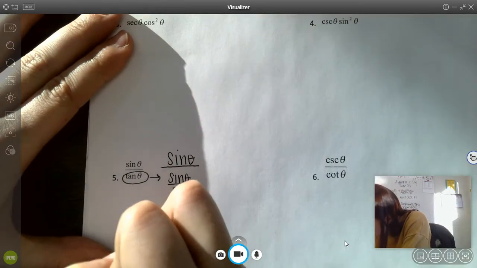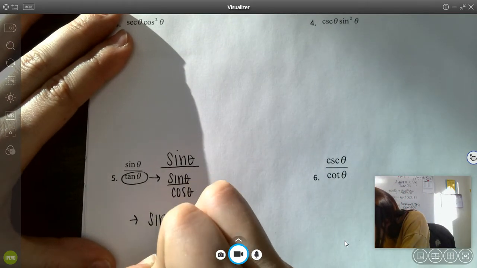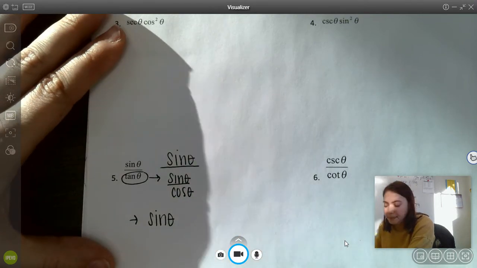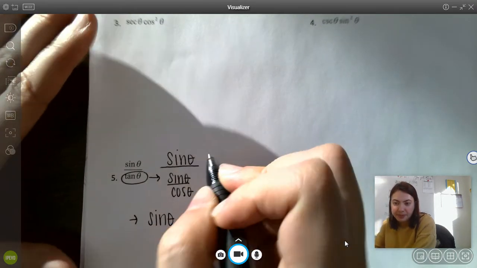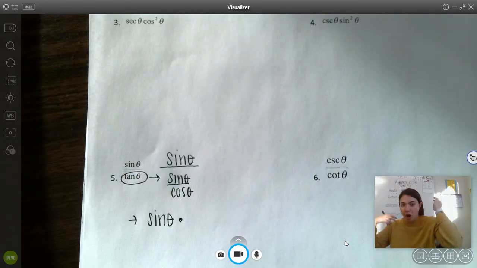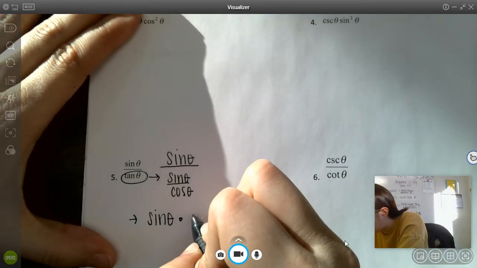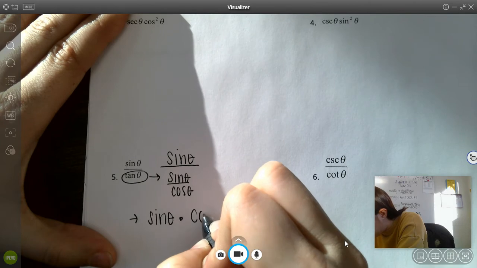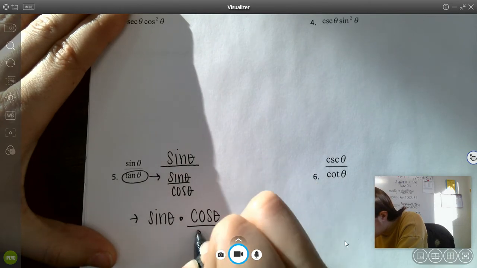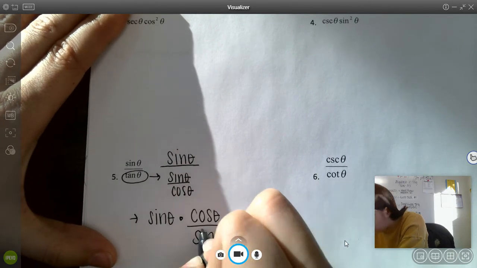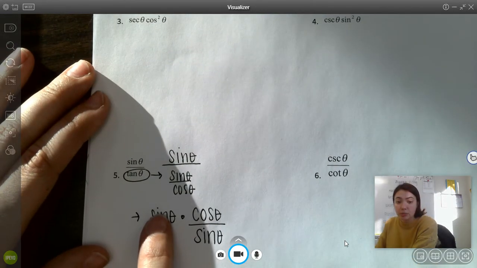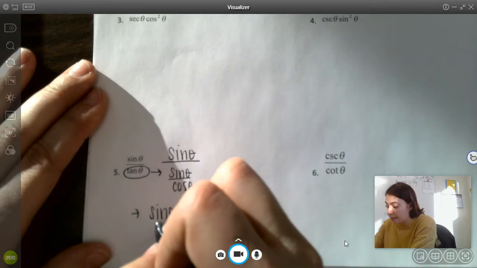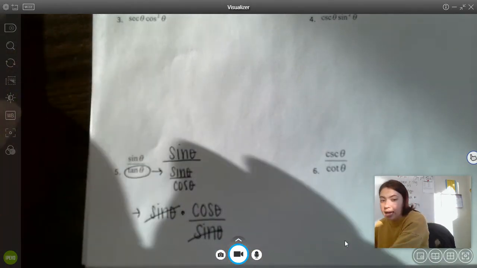So let's take a look at this. We can keep our numerator the same, the sine of theta. And now we can bring this denominator up to the top and multiply it by our reciprocal. Our reciprocal would be the cosine of theta over the sine of theta. Sine is in the numerator, sine is in the denominator, so we can cancel those out.